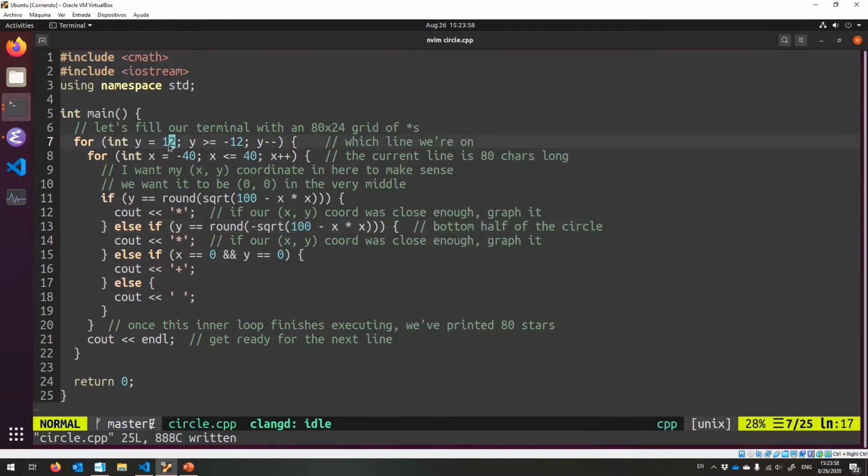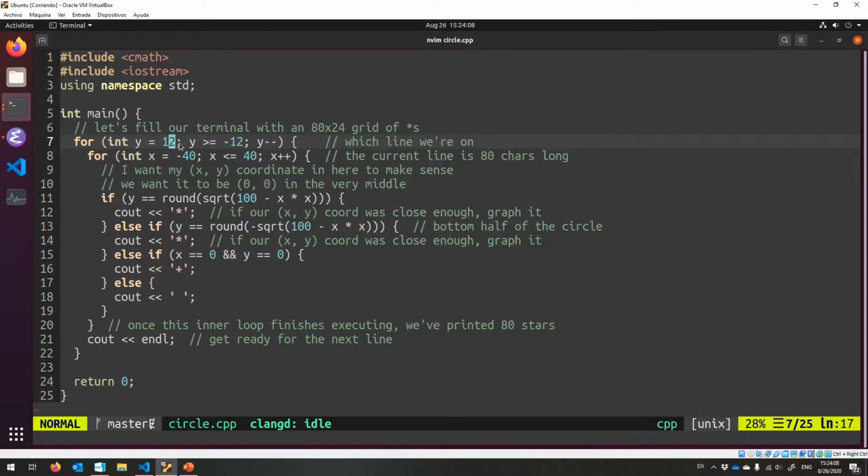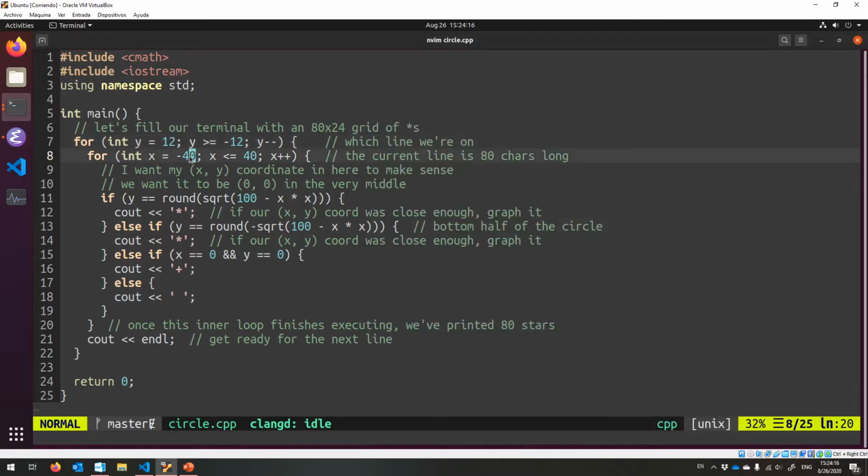We can make y range between, like, not 12 and negative 12, but maybe 6 and negative 6. I don't think that'll work because of the tens. We'll have to figure this out somehow. Or, sorry, the x's. We can change that to be from negative 20 to 20.